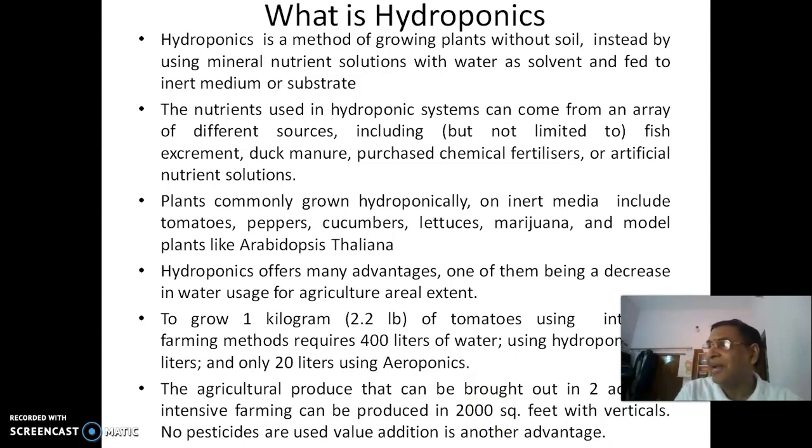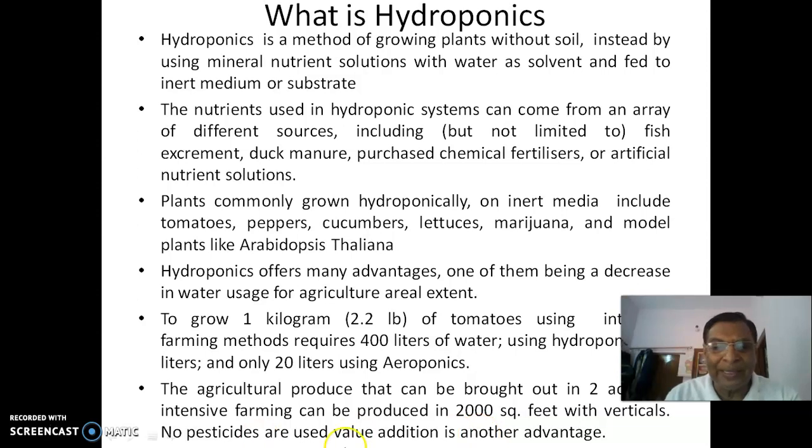In a residential flat of 2000 square feet, of course you can arrange various vertical layers of growing, with sunlight, artificially or naturally. So the areal extent is also reduced.